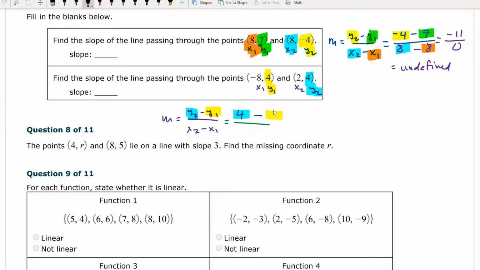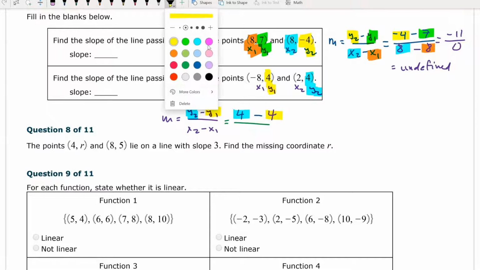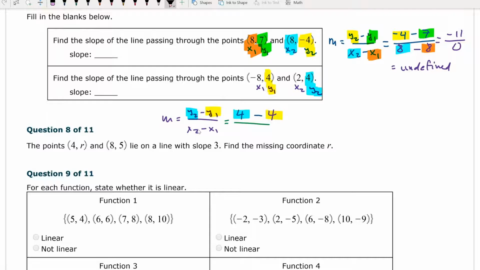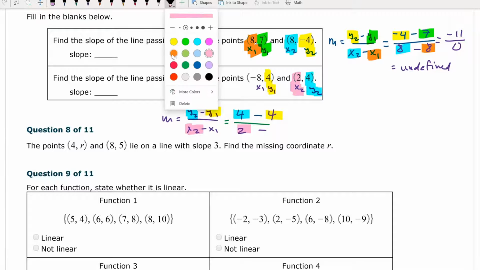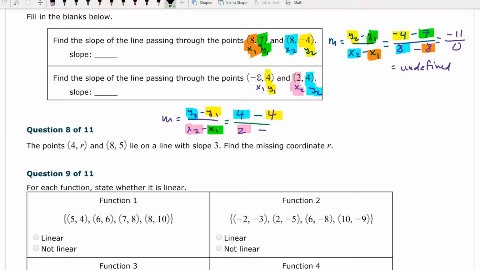Then x2 is 2, minus x1. X1 would be negative 8.